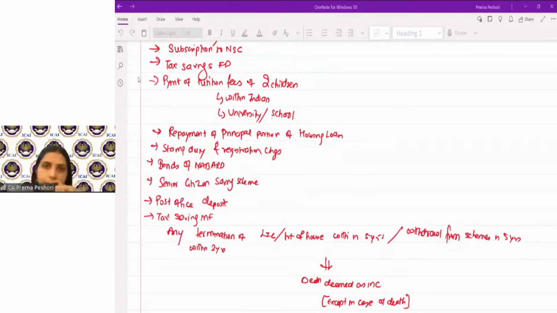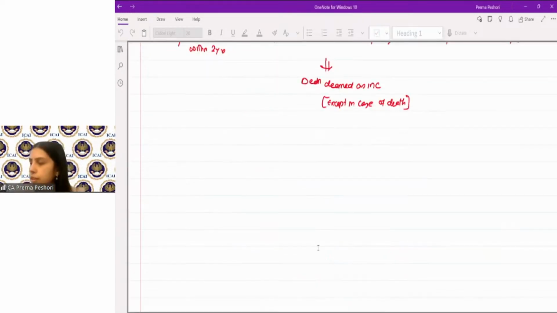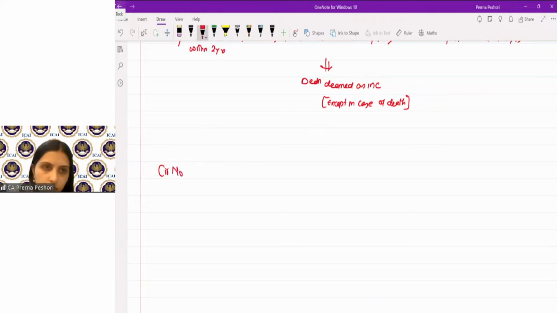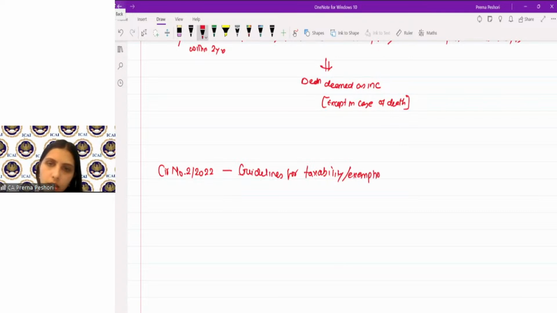And what has the circular provided? It is Circular number 2 of 2022, you can write it down, which provides the guidelines for exemption of the proceeds received under ULIP, or taxability or exemption of proceeds received under ULIP.